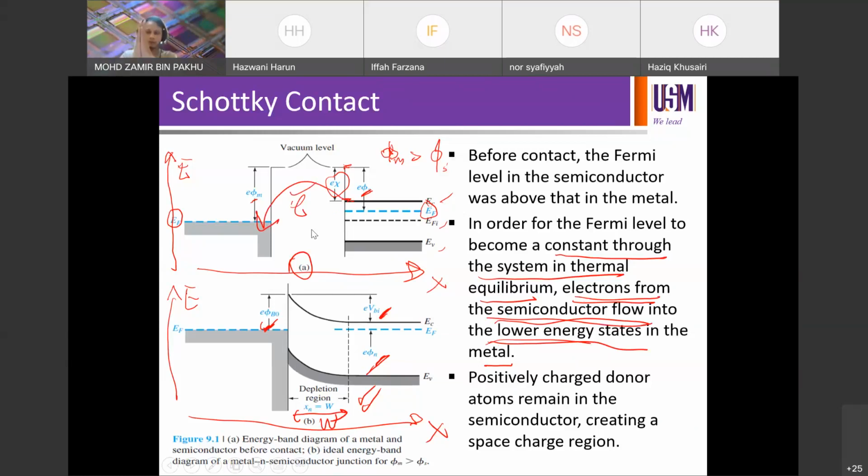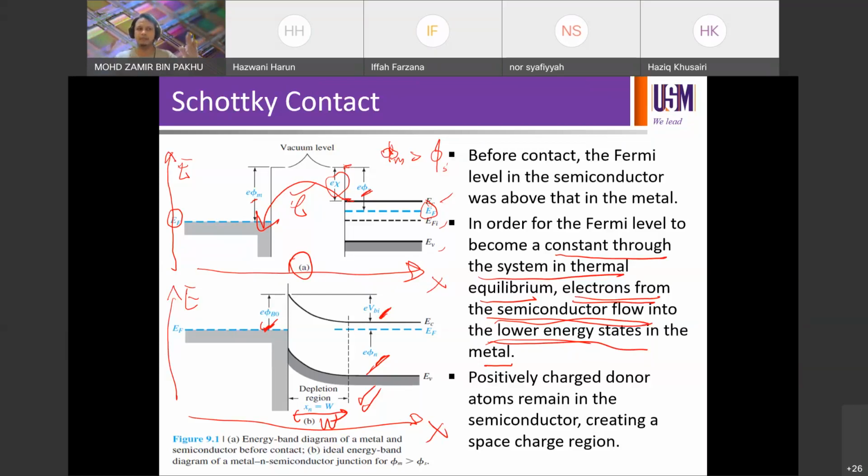Upon the combination of both metal and semiconductor, when you join them, just the way we discussed with our PN junction last time, remember? When you have a P side and N side combined together, you're going to have a concentration gradient, and the holes on the P side are going to diffuse into the N side, electrons from the N side are going to diffuse into the P side.